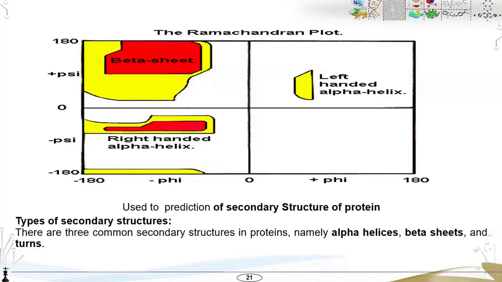Option A, with the help of alpha helices, beta sheets, and turns. Turns are also a very important part of the secondary structure of the protein. I hope you understand how to determine the protein secondary structure and the different types of secondary structures. With this discussion, I'm going to the next slide.